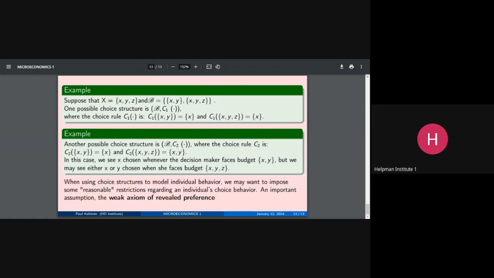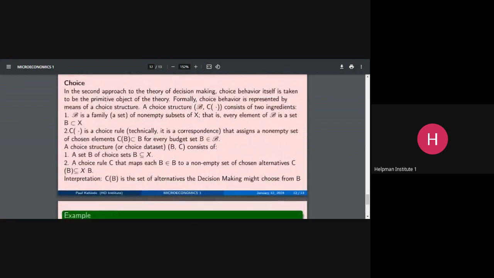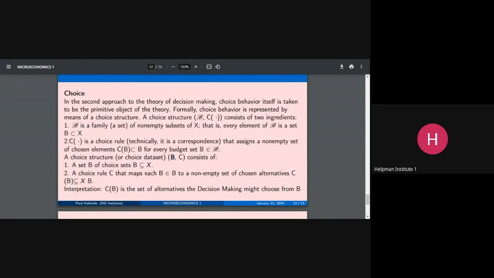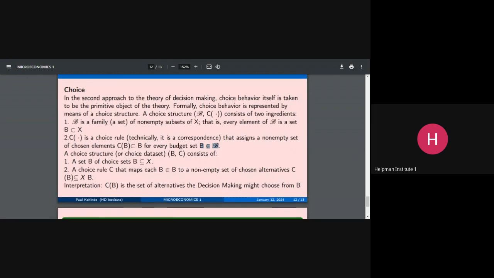So remember this set X comma Y is like B, the B that we highlighted here. So I said B is a subset of X. B is an element of the budget family. So one of that B is this X comma Y. Another B is X Y Z.